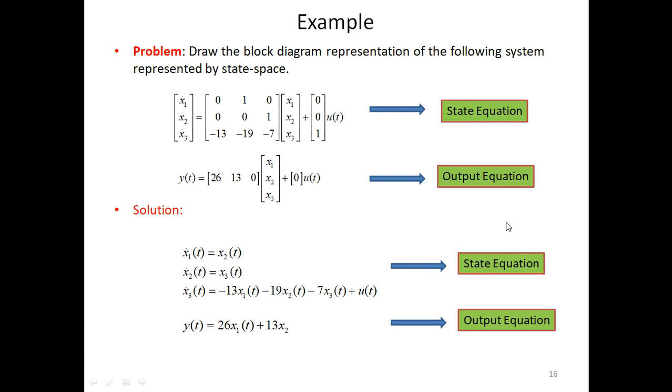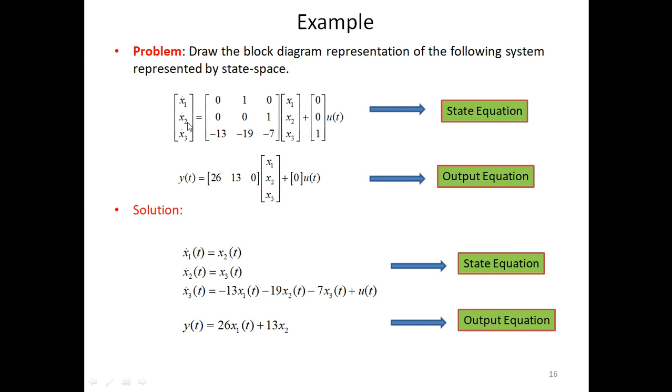Now taking another example of a third-order system. This is the representation of the system with the state equation in matrix form, and this is the output equation. Expanding this into differential equations: x1 dot t equal to 0 plus x2t plus 0 plus 0, right?